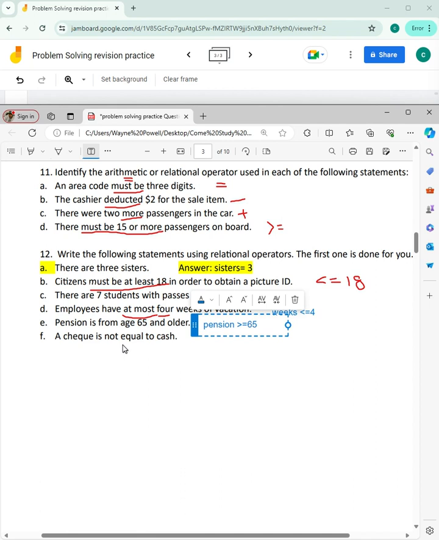A check is not equal to cash. That one is quite a bit easier. Which operator is that? So we have not equal to. A check is not equal to cash. That's it for that one.